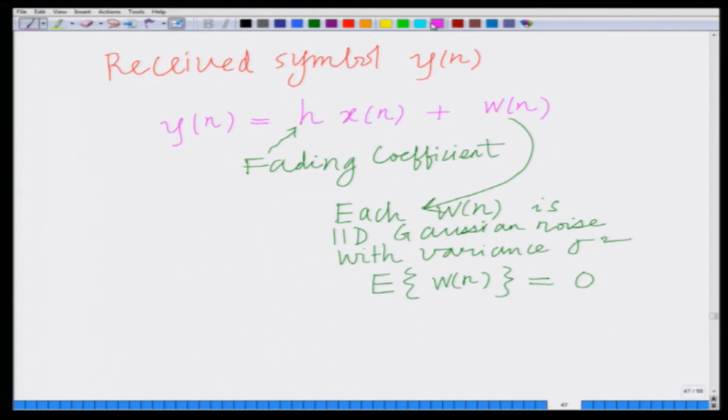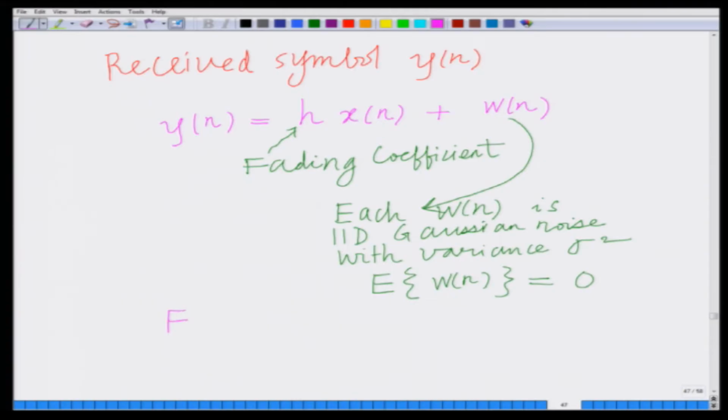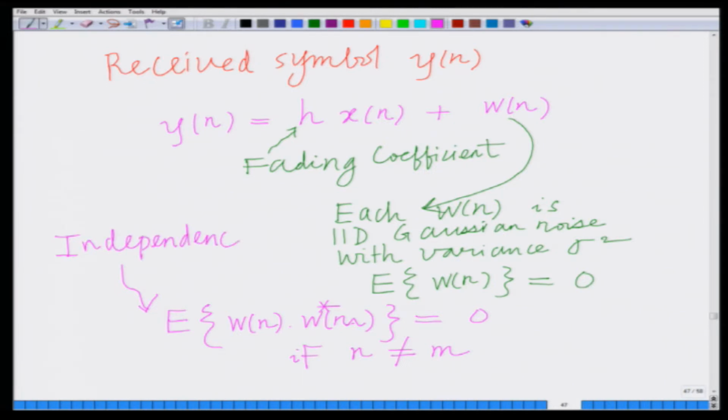Further, the noise is independent, which also means uncorrelated, therefore expected value of Wn times Wm conjugate is equal to 0 if n is not equal to m, and this follows from the independence of the noise samples.